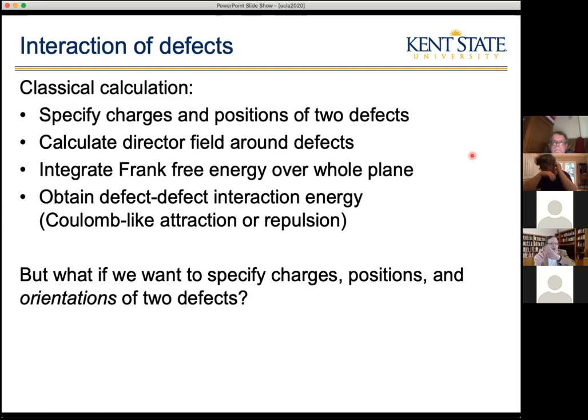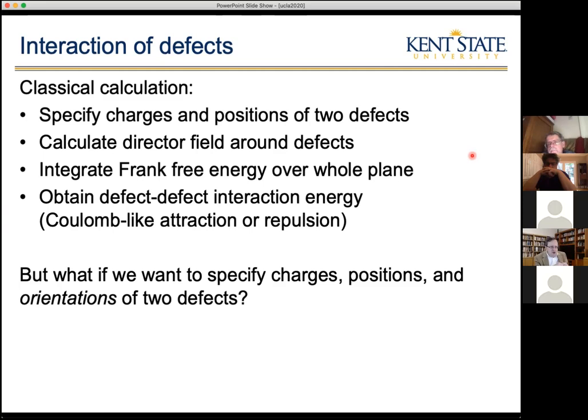Then we can integrate the elastic free energy over the whole plane. And then we see, how does this integrated energy depend on the distance between 2 defects? And then we label that dependence as an interaction between the 2 defects.